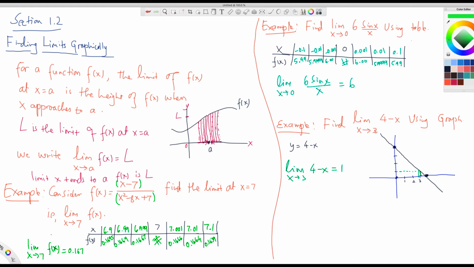Similarly, if you take the values from the left side, let's say x equals 2.99, you'll get 4 minus 2.99, which is 1.01. And 2.999 will give 1.001 and so on. So from either side, when you get very close to 3, the height of the function will be almost equal to 1. So the limit of this function using the graph is also 1.